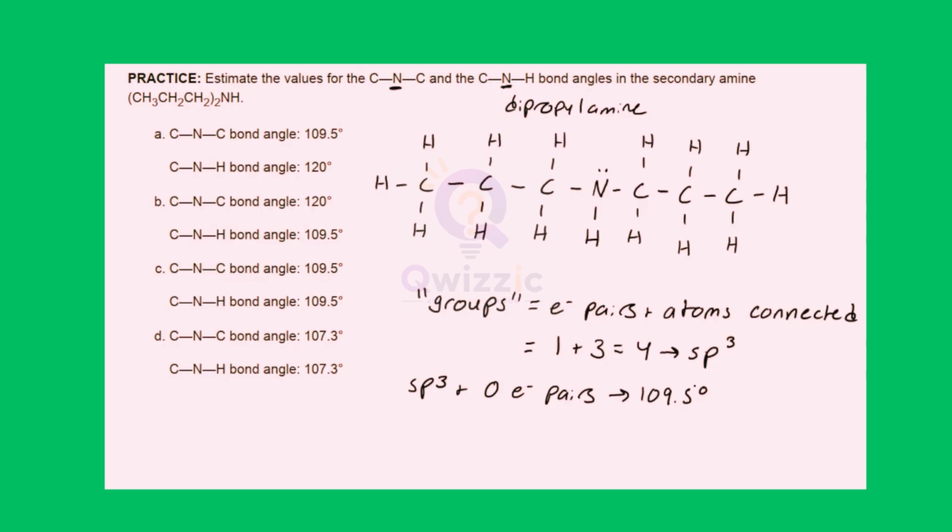But when you increase the number of lone pairs on that sp3 hybridized central atom, the angle tends to go below 109.5 degrees. To be specific, when 1 electron pair is present on an sp3 hybridized atom, then the angle decreases somewhat to about 107.3 degrees instead.